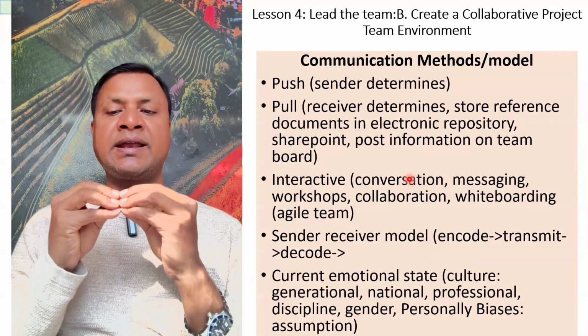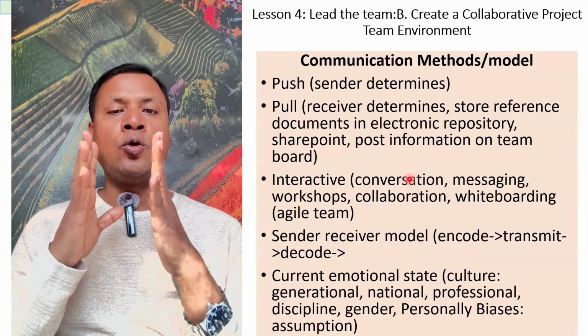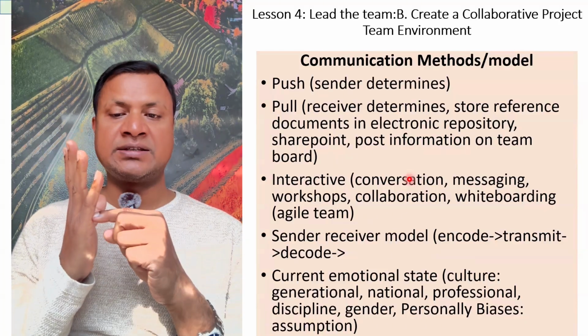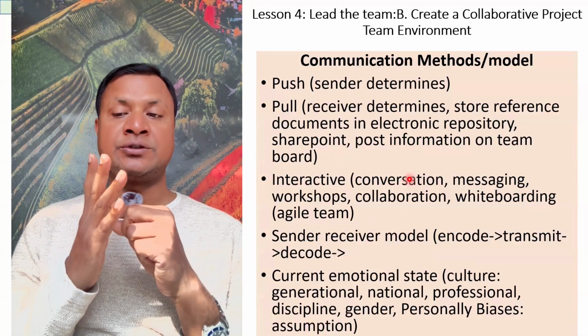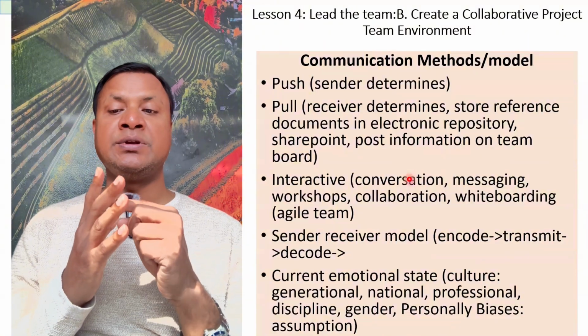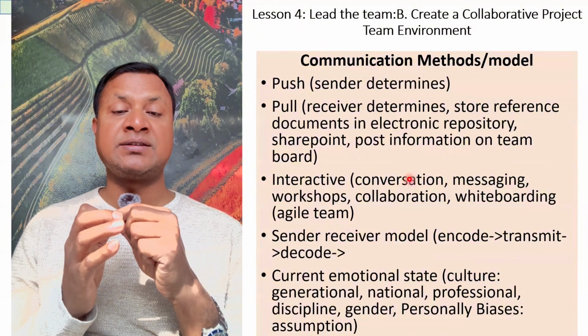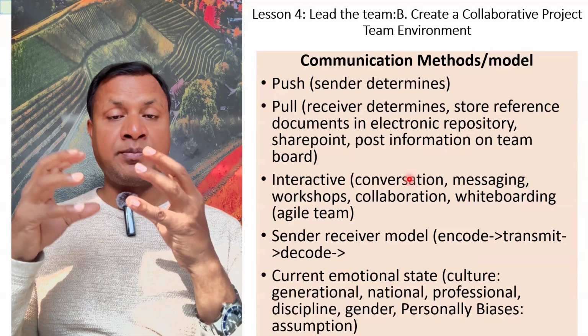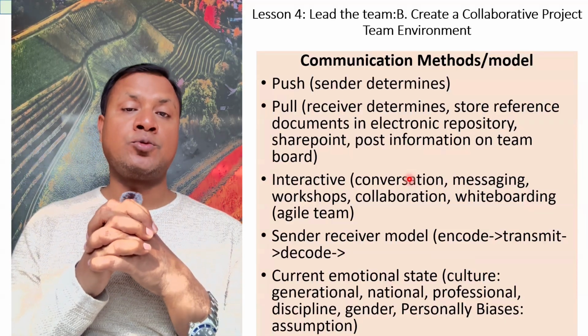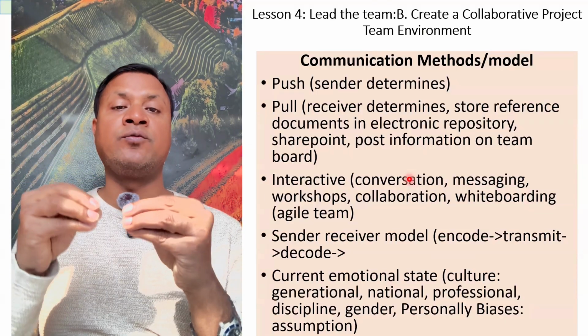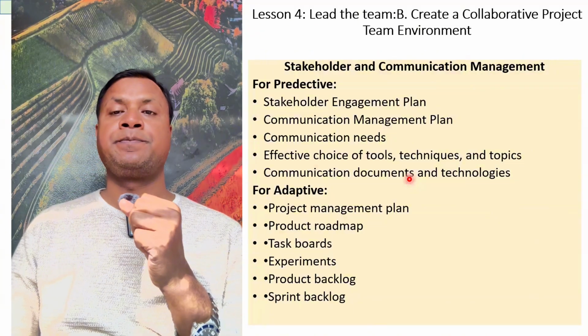And the current emotional state should always be focused on. What is culture, generational, what is national issue, professional issue, discipline, gender, personal biases. These kinds of assumptions you should keep in mind when you are going for better communication.